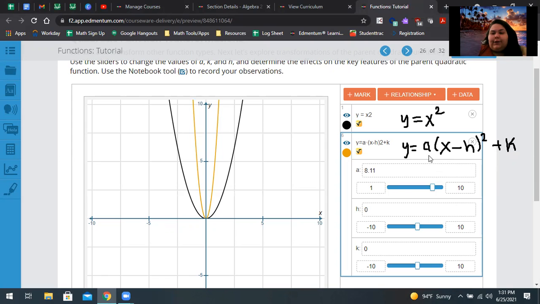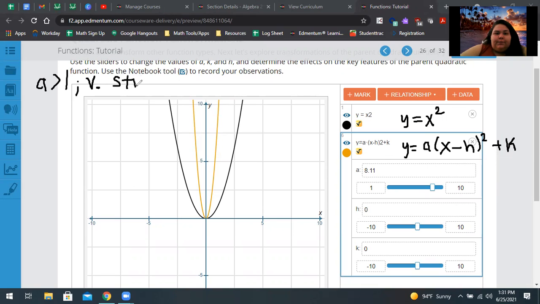This messes with our vertical compression and vertical stretch. So remember my A, that's why I wrote A. If A is greater than 1, then that is a vertical, let's just add that, I'm going to put V for vertical, and then that is stretch.